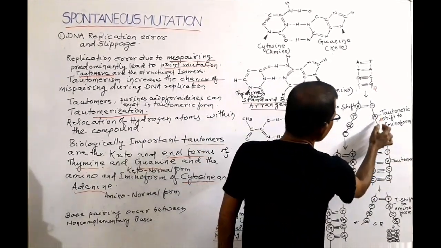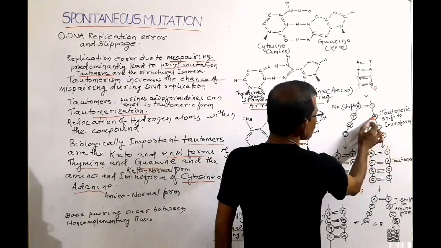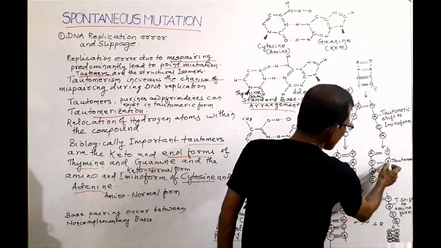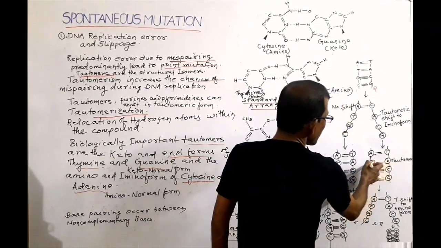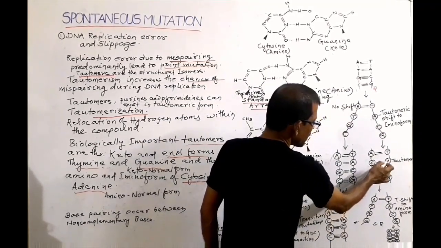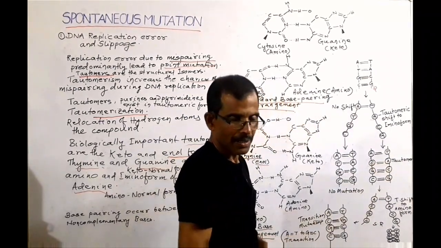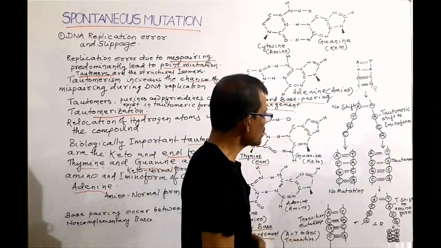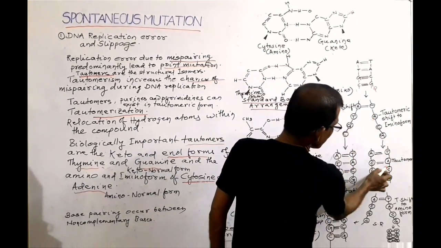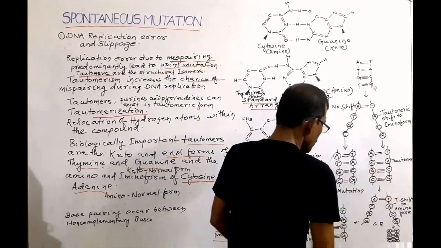Now, this adenine has undergone a tautomeric shift from amino form to imino form. And the imino form of adenine base pairs with cytosine. So, base pairing between adenine and cytosine is anomalous base pairing. It is not a standard base pairing. So, here the imino form of adenine has base paired with cytosine, which is anomalous.